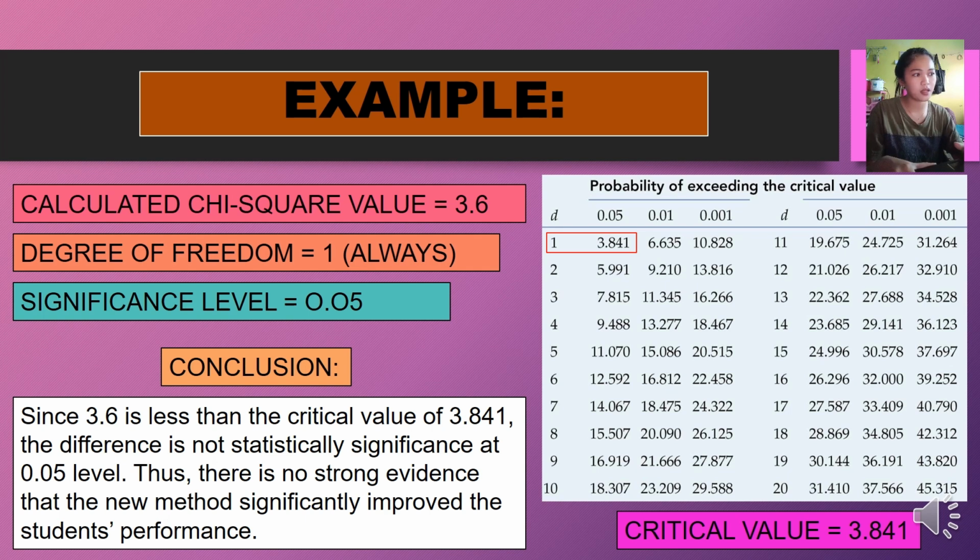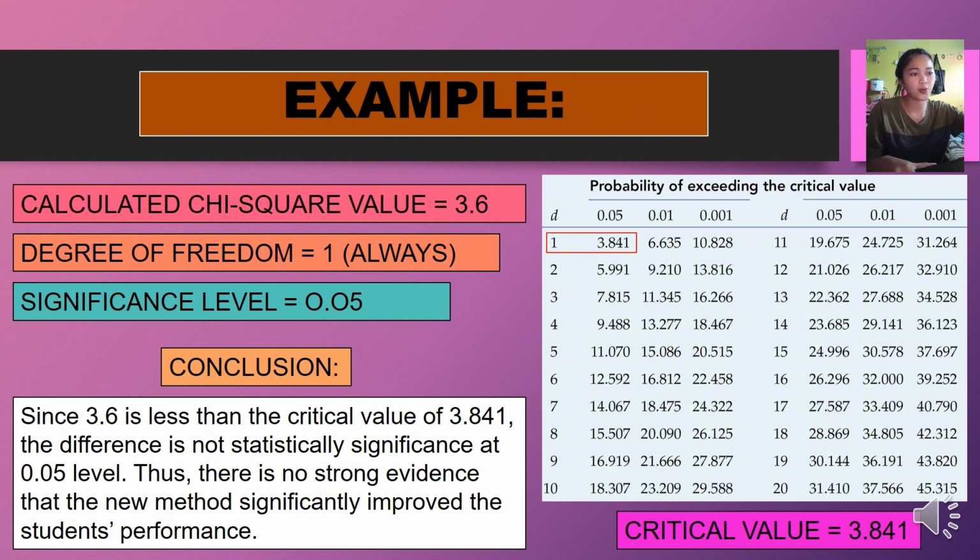So this is the table we use as basis for the critical value. The D there, from 1 to 10, is the degree of freedom. Our degree of freedom is 1, so it is at the top. Then the 0.05, 0.01, 0.001, and so on, are the significance levels.